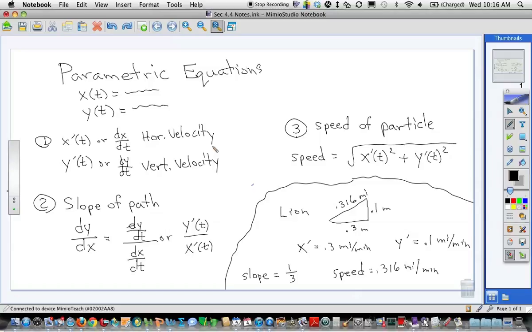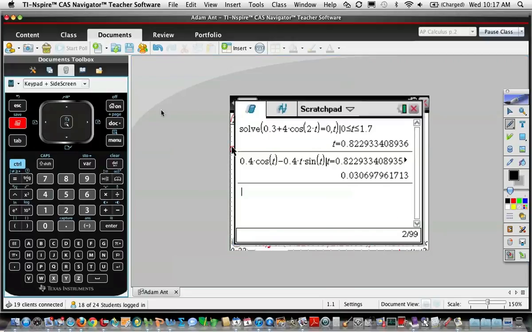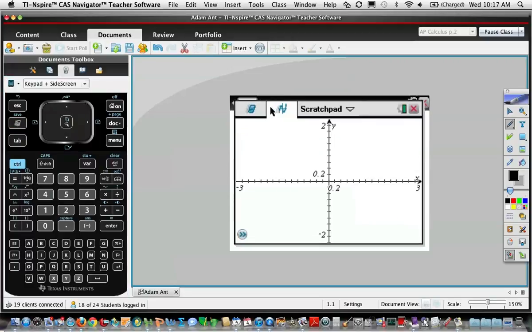Get your calculators out. Those handful of you that actually have your calculators. And let's go. Let's change. We need a presenter here. David's always a good presenter. I like it when he presents.